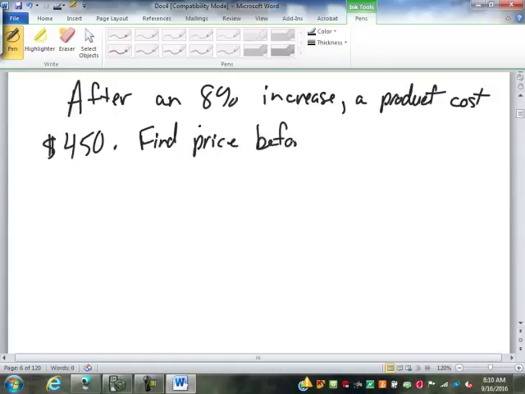Let's say you go to return it and they say you don't have your receipt or whatever. We're only going to give you the price before the price increase. So find the price before the increase. I'll let you guys try this one, see what you come up with.